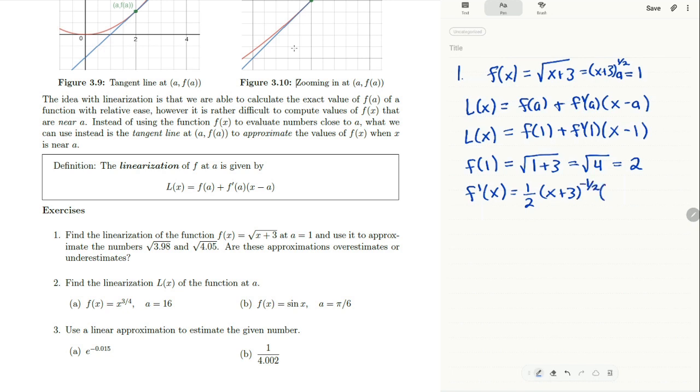And then chain rule says we multiply by the derivative of the inner function, which is equal to 1. So now rewriting so that we don't have any negative exponents, this is 1 over 2 times x plus 3 to the power of 1/2, which is 1 over 2 times the square root of x plus 3.